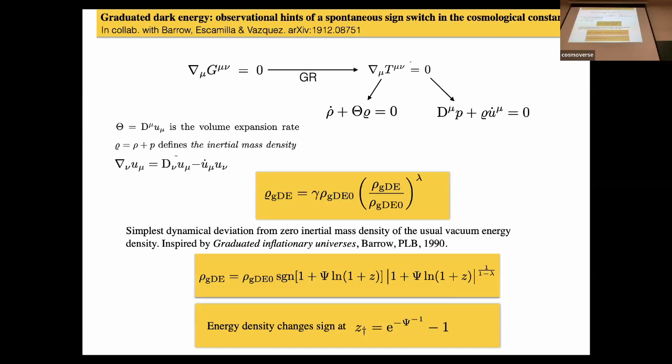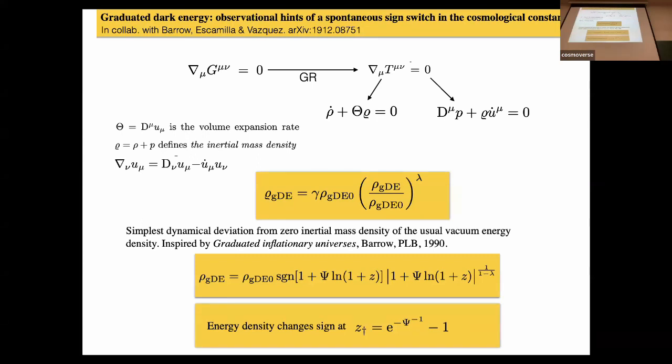We cosmologists almost never see this other equation in our papers. This one is the energy conservation equation, and this is the momentum conservation equation. Here the gradient is the spatial gradient of pressure, the coefficient is rho plus p, and u dot is the acceleration.